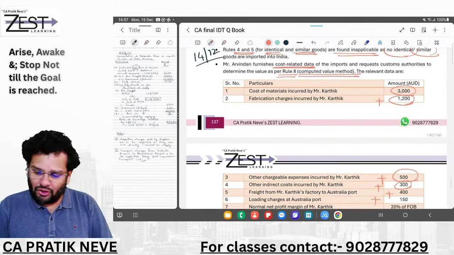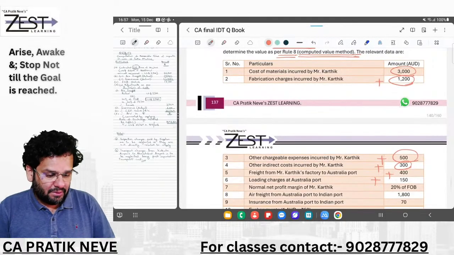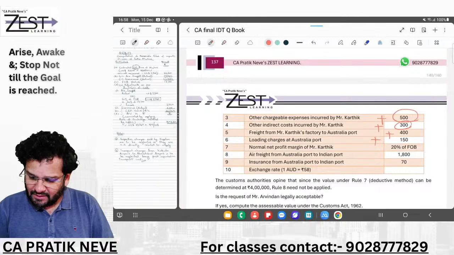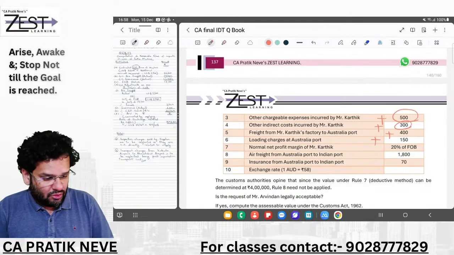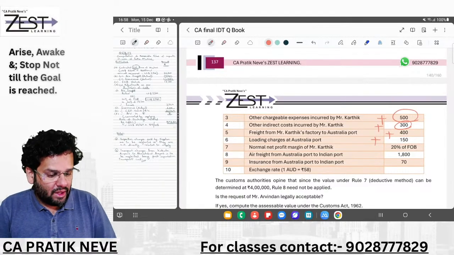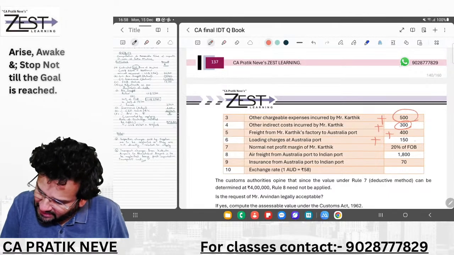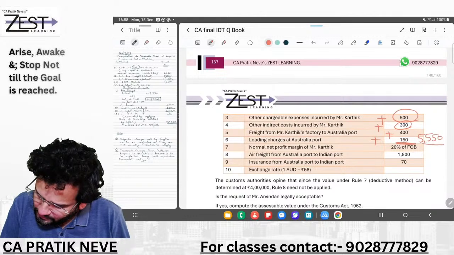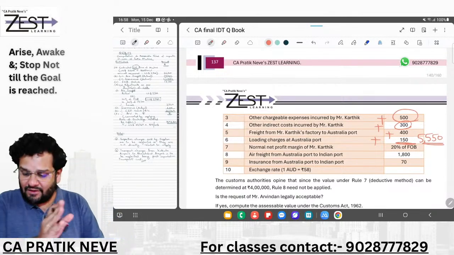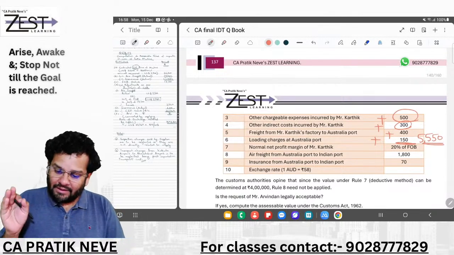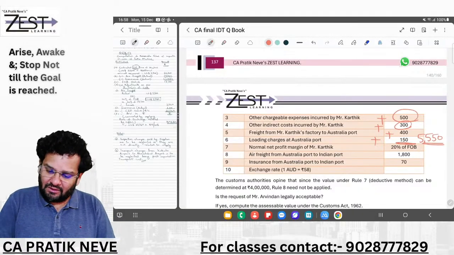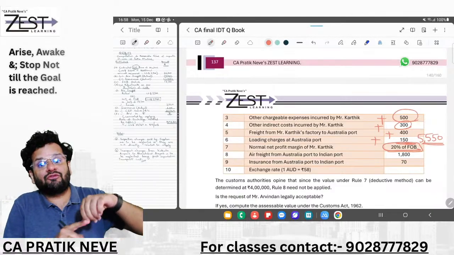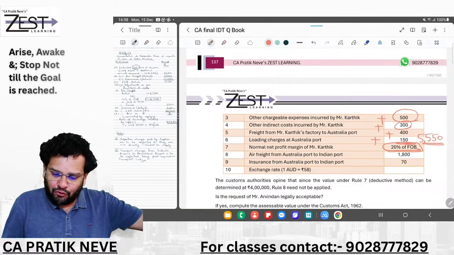So take on your calculator 3000 plus 1200 plus 500 plus 300 plus 400 plus 150. You must be getting at this juncture 5550. Now normal net profit margin of Mr. Karthik is 20% of FOB. Now what is FOB?